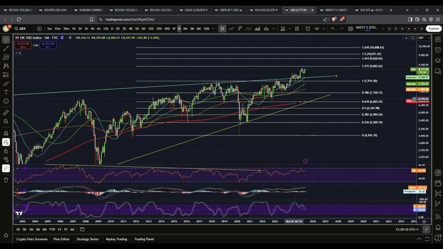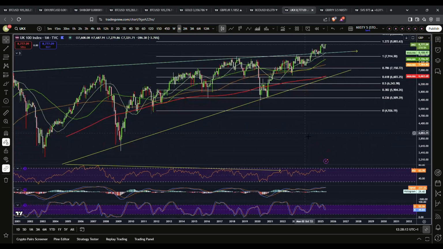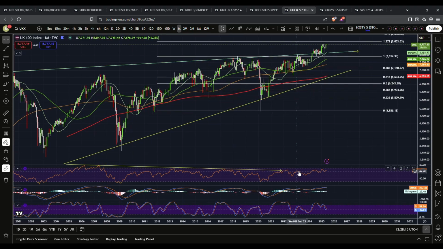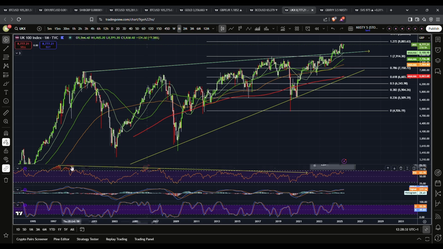We say that because you can see that the RSI is not at a critical level. It's not in overbought territory, like above 80, which would be overbought. If you see what happened here, although the market could be overbought for a very long time, for a year or more, the market can still go up.